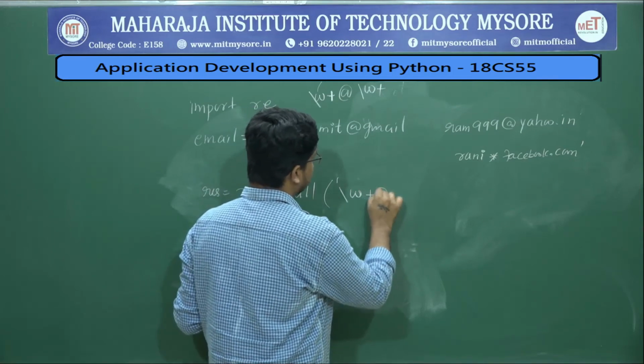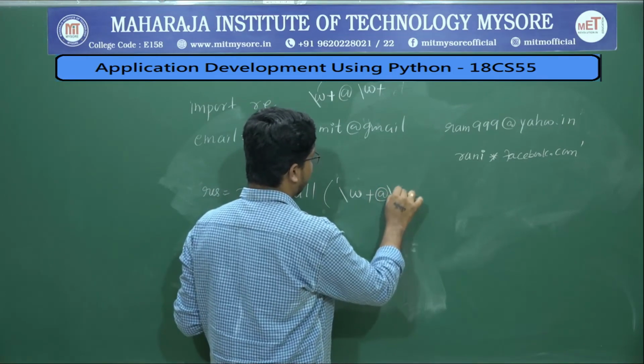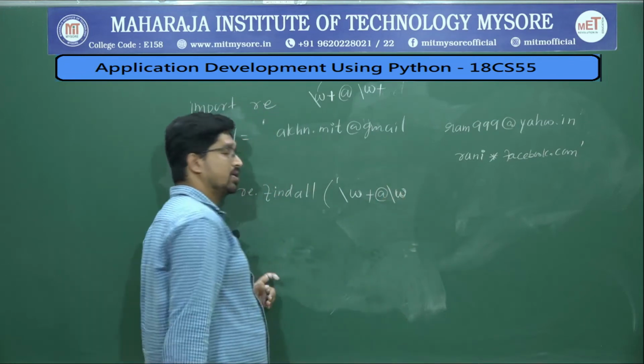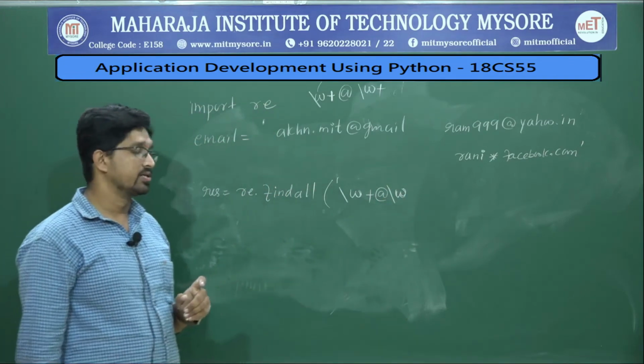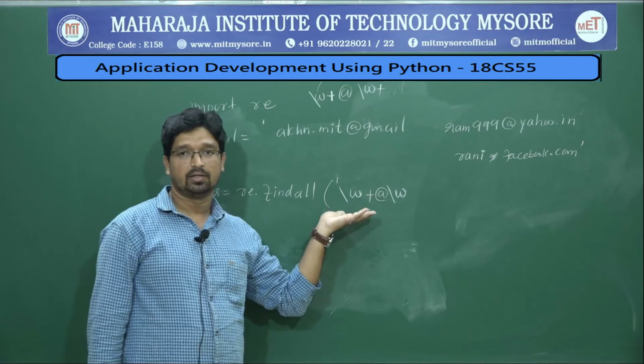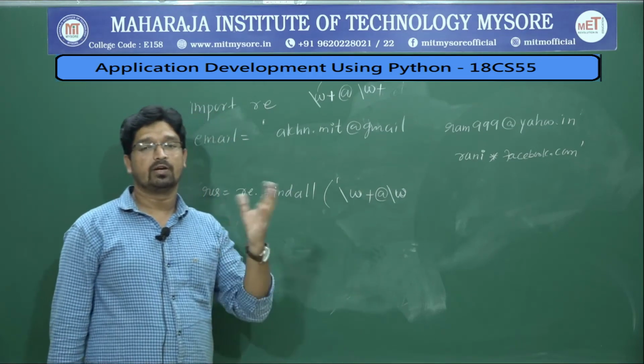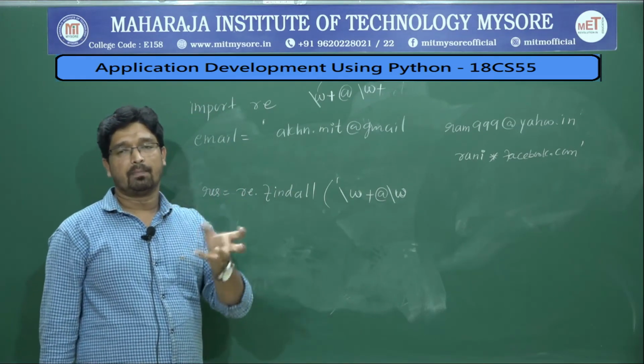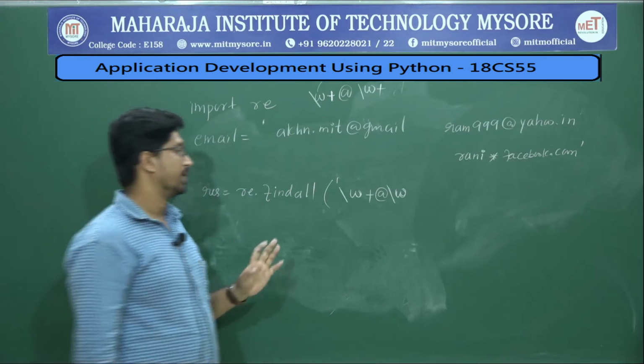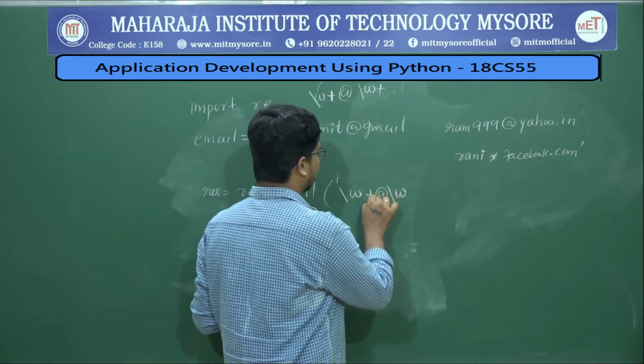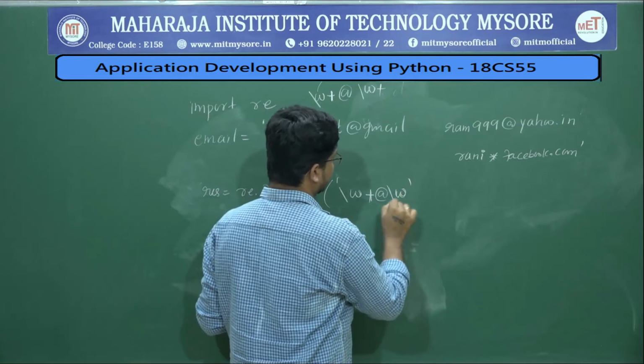Then the at symbol as a literal. In the previous class, we discussed this character set: small \w will match either uppercase, lowercase, or 0 to 9. This pattern should be matched.